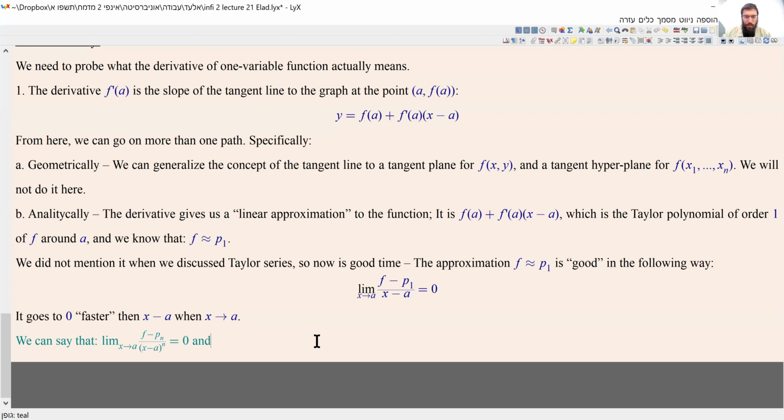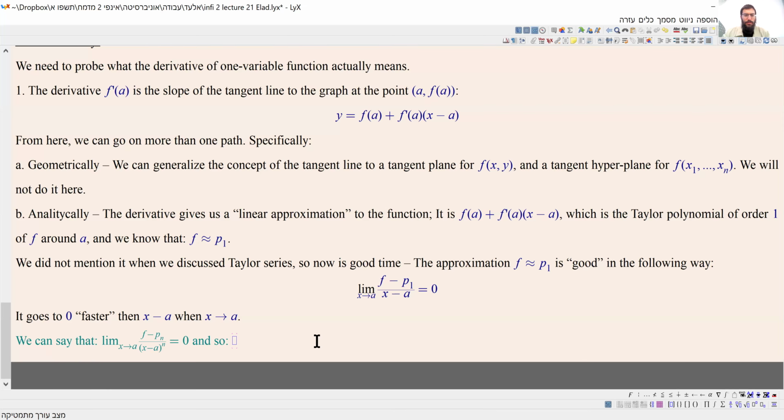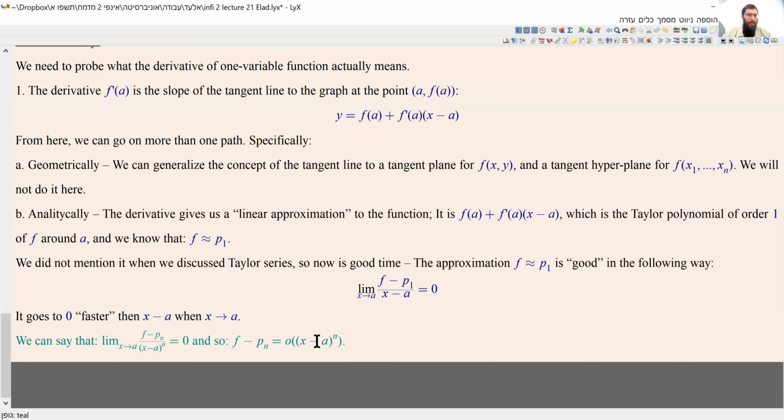And so, by the usual notation, we can say that f minus Pn, which is the Rn, is the small o of (x minus a) to the power of n. Write it down in different colors. It's not very important for me.